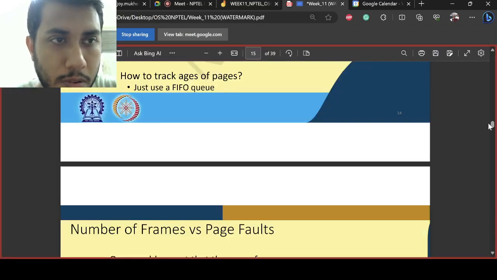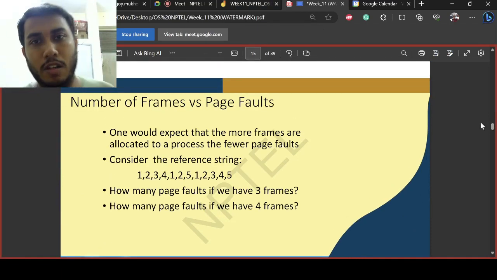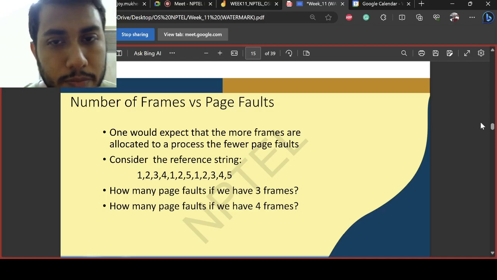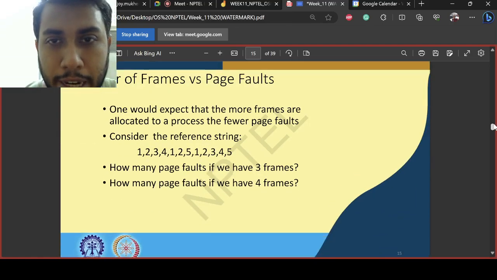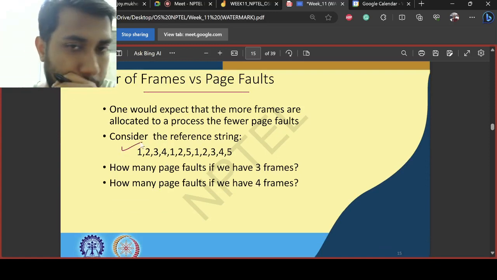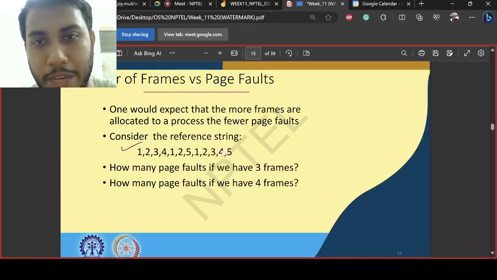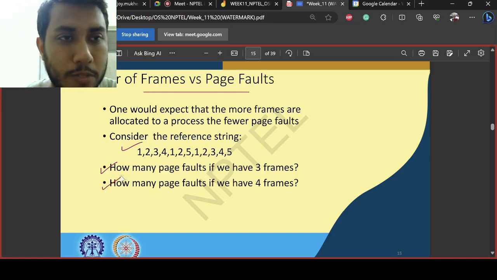So next is number of frames versus page faults. Now we will again come back to that. Consider this is your page request string. How many page faults will there be if you have 3 frames, and how many if you have 4 frames?